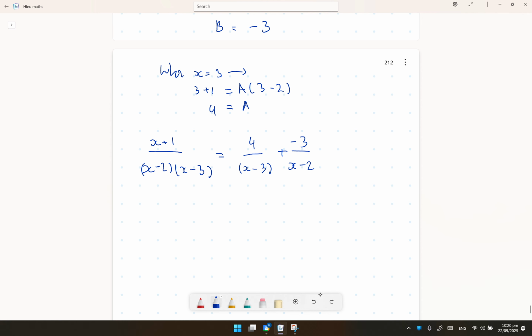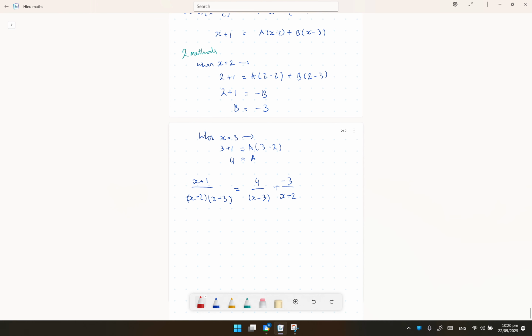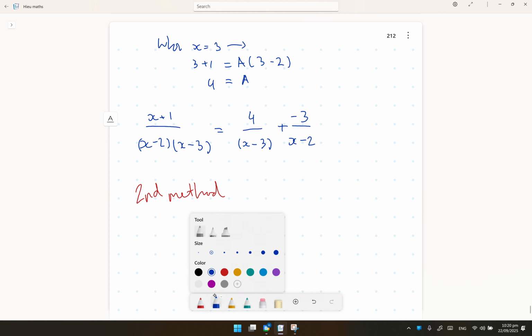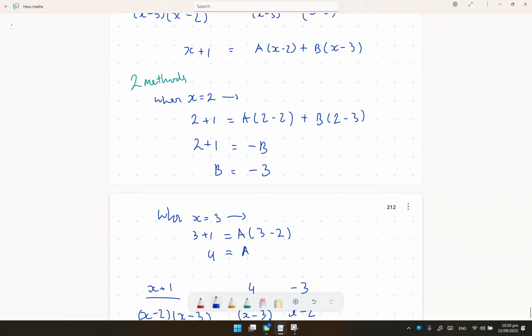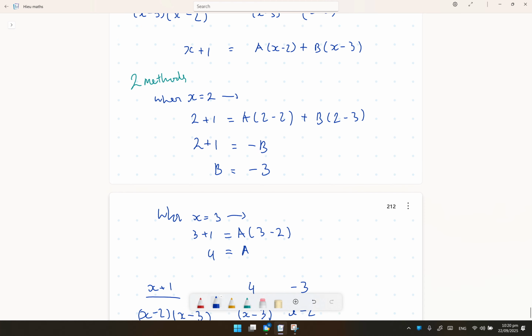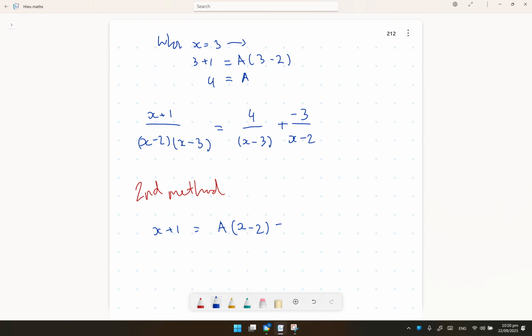Okay, there's another method here, and I plan not to use this, but I'll tell you why this is good. We're going to be comparing the constants. So let's have our equation again, where we had x plus 1 is equal to a multiplied by x minus 2 and b multiplied by x minus 3.